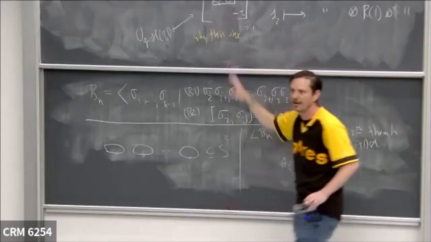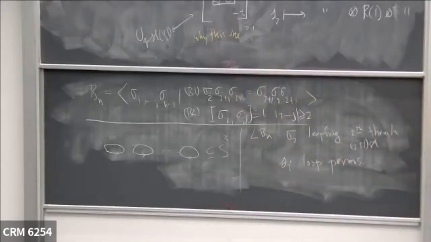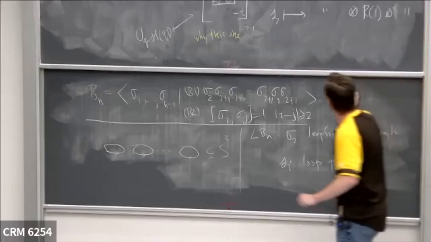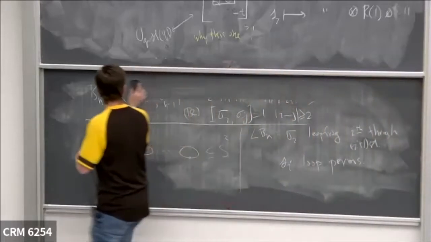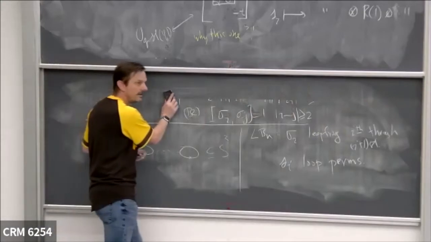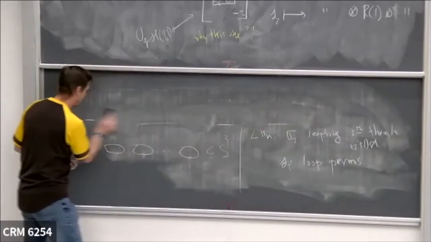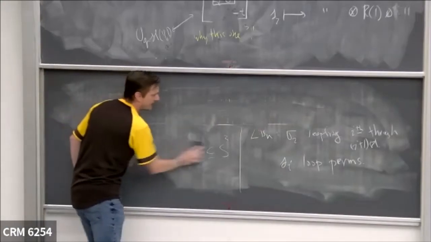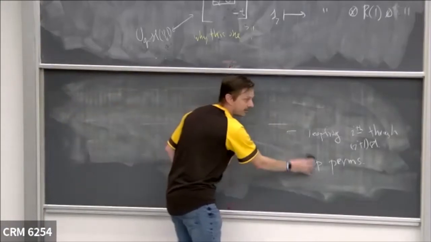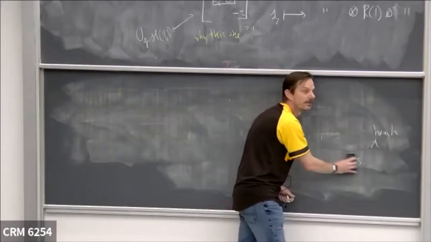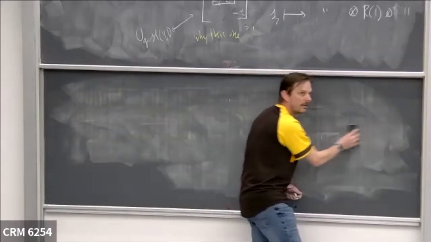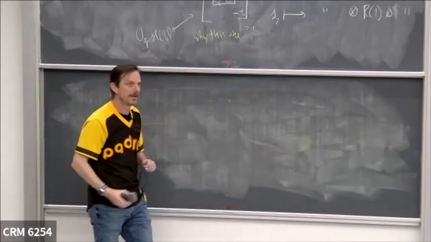Okay, why this one? Can I ask a question? So that 2 by 2 you have in there kind of reminds me of these bowling ball representations of the braid group. Have you looked at those? I think those are the Burau representation, or related to it, maybe the reduced one.